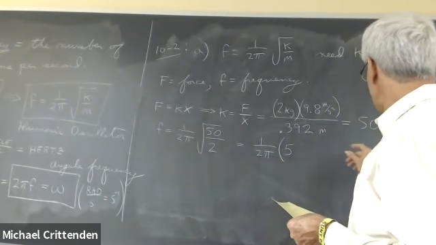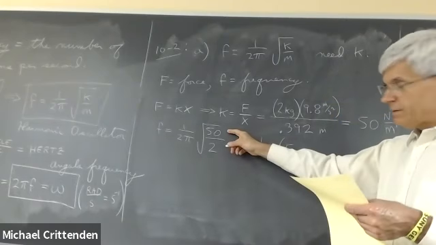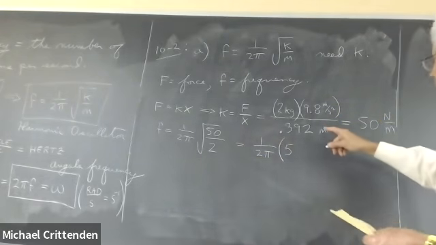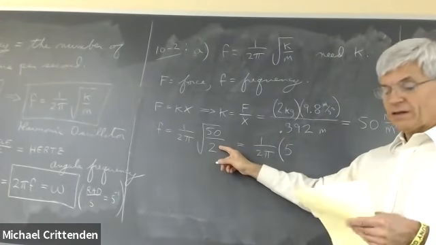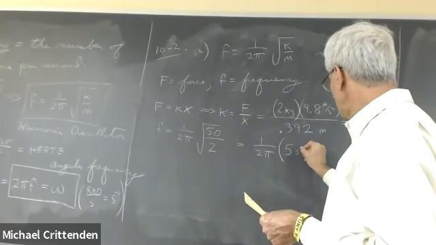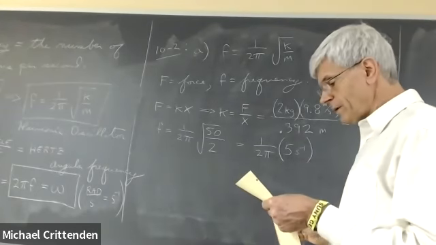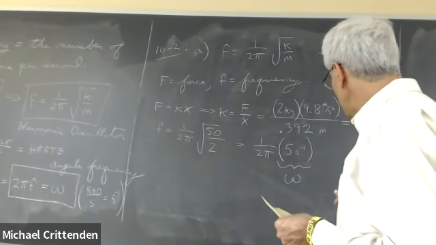And maybe I should have written out the units, but newtons per meter divided by kilograms is going to just leave you with, inside the square root, seconds to the minus 2 power. After you take the square root, seconds to the minus 1 power. We're going to need omega later on.